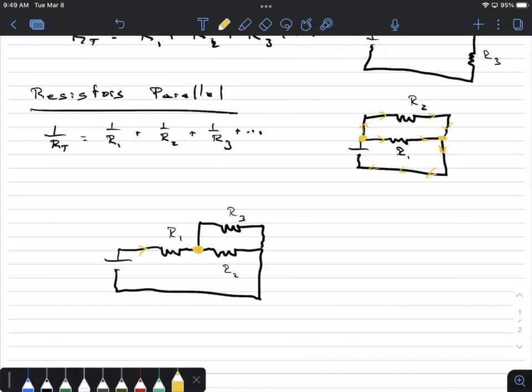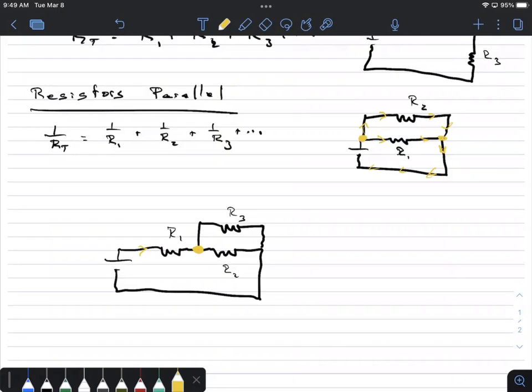So I leave it alone and I'll work on what I can work on. And in this case, what I can work on is the parallel part. I know for sure R2 and R3 are parallel because every electron that hits that node will either go to R2 or R3, but no electron will ever hit both R2 and R3.